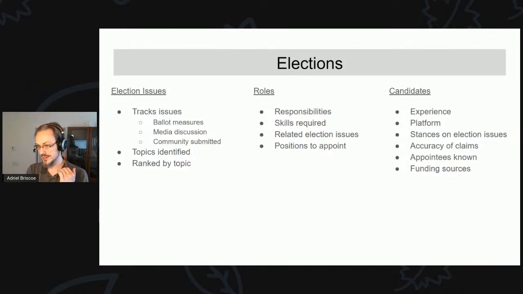At the base level, we're tracking the issues that might matter to the voting public. The easiest example of that is what we call ballot measures, right? If you've ever seen something like Proposition 123 on an election that people are voting on, that's a ballot measure. That's a really obvious election issue where it's not a person you're voting on, it's an issue, and you have two choices, for or against.